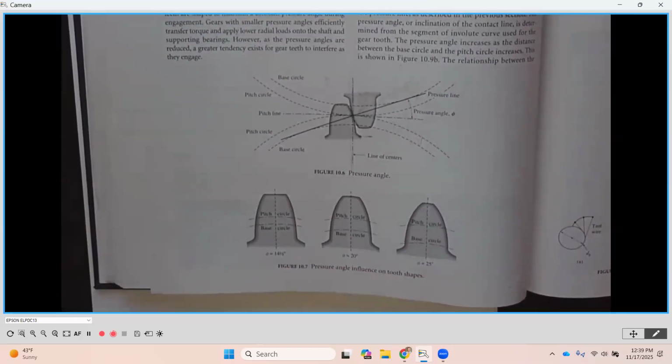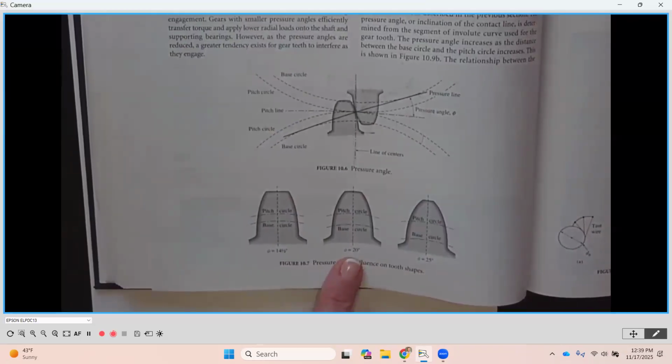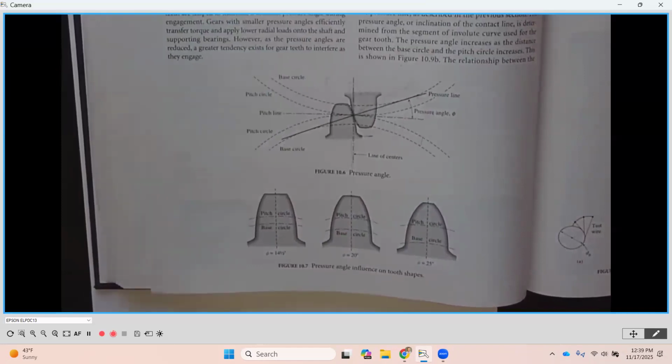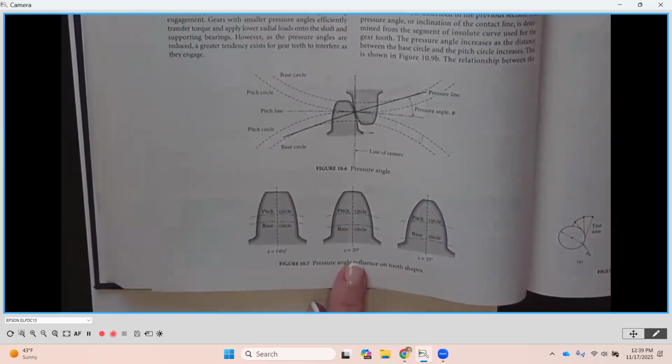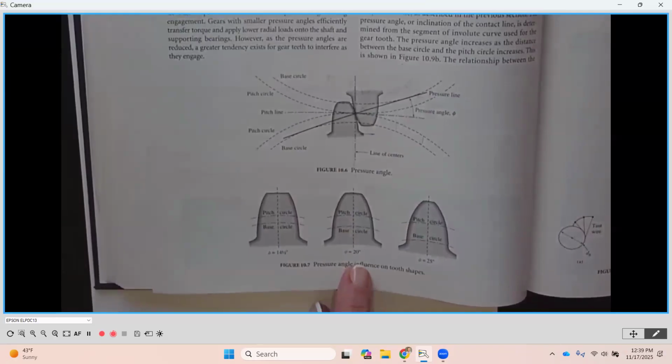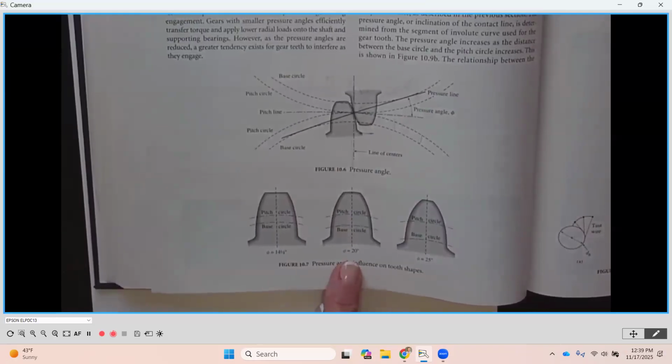Now, there are 3 pressure angles that you will see gears specified to. The most common for industrial applications, such as in machine design, is the 20-degree pressure angle. This is where we most often will start with our gear design.